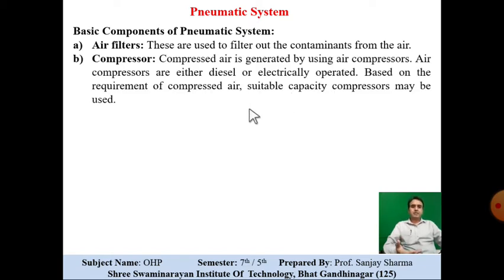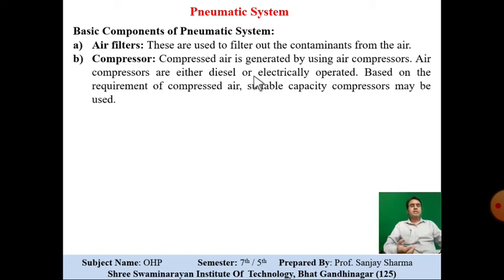The next is the compressor. We all know different types of compressors are used in the market. Positive displacement type compressors are there. So compressed air is generally generated by using an air compressor. Air compressors are either diesel or electrically operated.